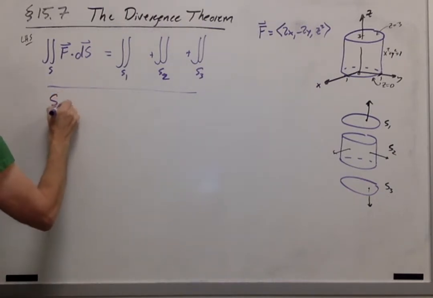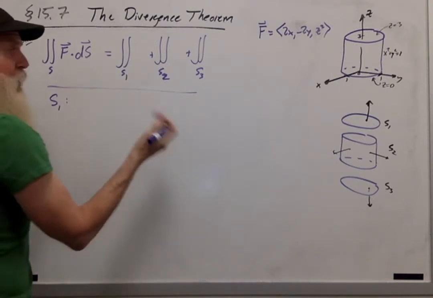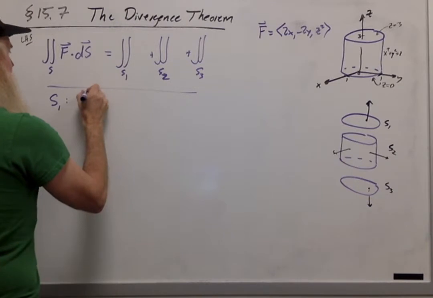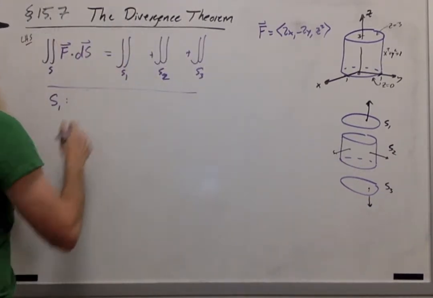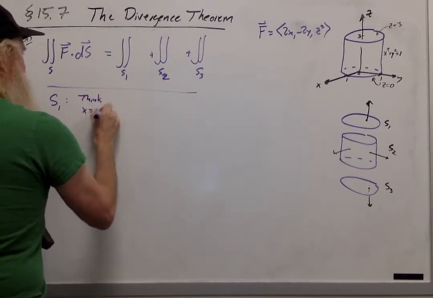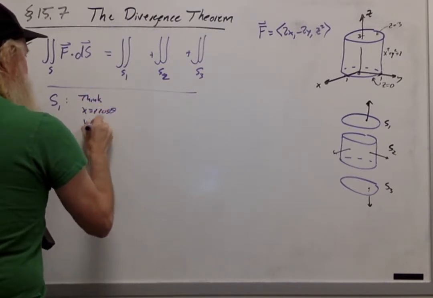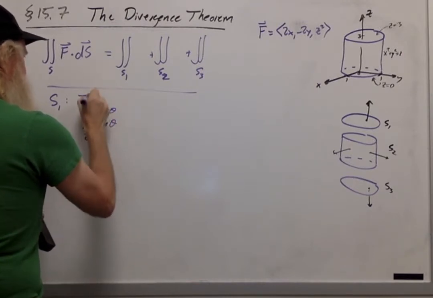Beginning with S1. So we want to parameterize this disk, and it looks like cylindrical coordinates is going to be an awesome choice of how to do it. So let's think: x equals r cosine theta, y equals r sine theta, and z equals z.